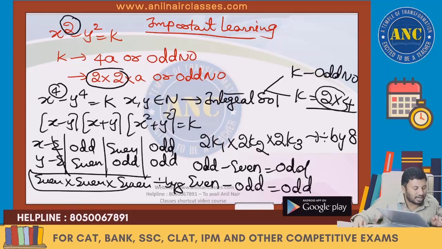Let us derive the general conclusion. x² − y² = k has integral solutions only if k is an odd number or it is a multiple of 2 into 2. x⁴ − y⁴ = k has integral solutions only if k is an odd number or k is a multiple of 2 into 4, which is 8. Please write down this conclusion.